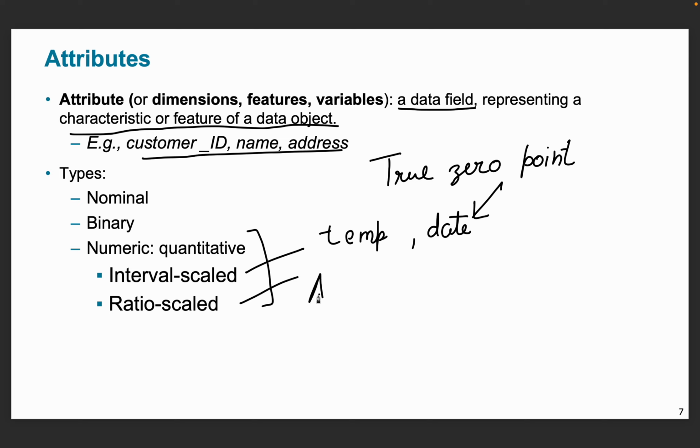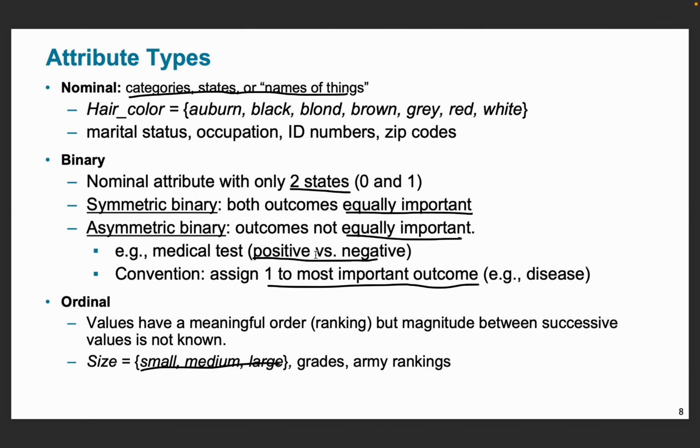For example, age, height. They have the true 0 point. Zero age means the person is not born. Zero weight means the person's weight is zero. Height can be zero. Income can be zero. They are ratio scale. Otherwise, the temperature scale, where the difference between values is meaningful, doesn't have a true 0 point.